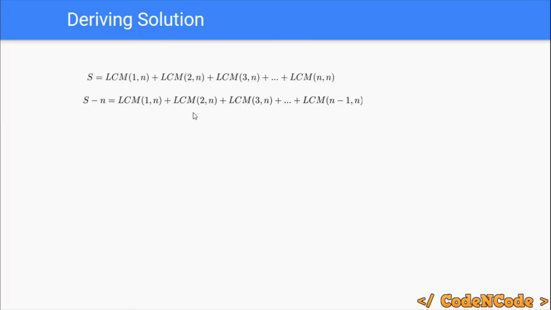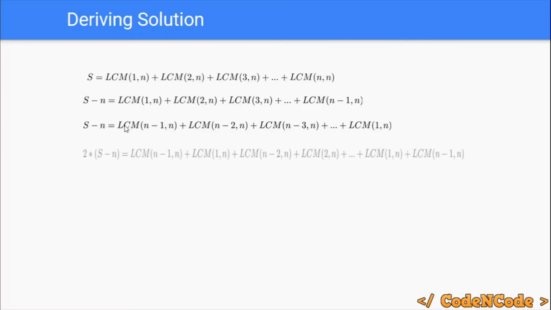Now if you reverse these terms, what will happen? This is what is going to happen. Nothing special. I've just reversed the expression, so I'm starting from n minus 1 going till 1. Now if you add these two equations, this is what you are going to get: 2 times S minus n is equal to LCM of (n minus 1, n) plus LCM of (1, n), so you see these two are together, plus LCM of (n minus 2, n) and (2, n), plus and so on.